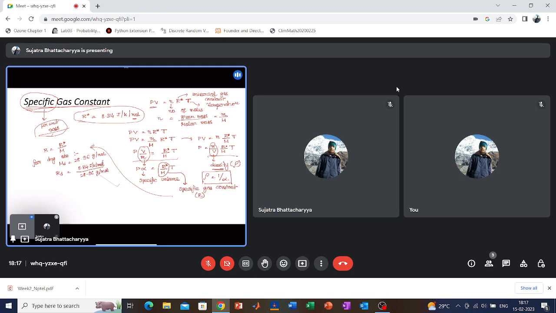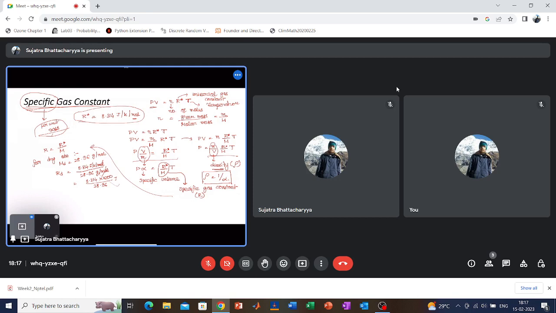So you can take out mole and mole. Now you have to convert it into the SI unit, so grams should be converted into kgs. For that I have to multiply the numerator with 1000. So 8.314 into 1000 divided by 28.96, and it can be written as joules per Kelvin per kg.